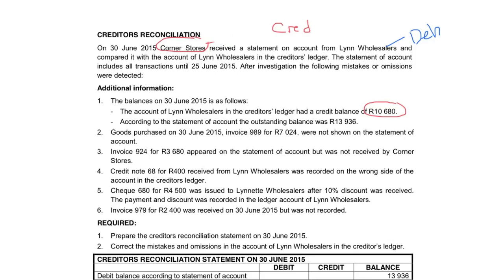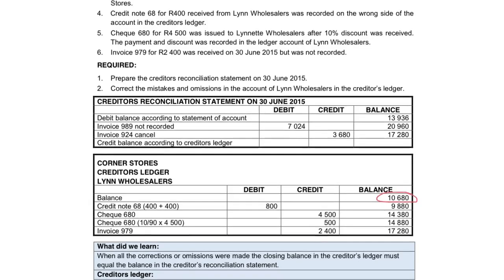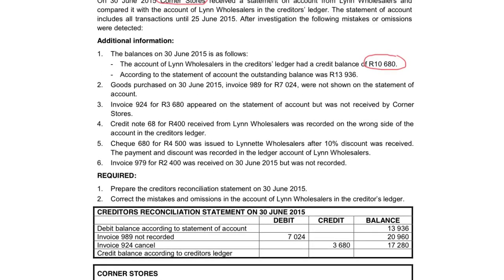If we look at the creditors ledger, it means that the last balance that was recorded in this account was the 10,680, and we will start with that balance of 10,680.